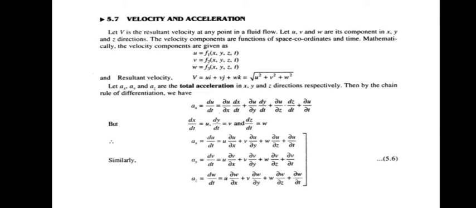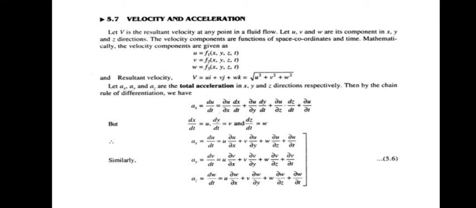Then, using the chain rule for differentiation, we have ax equal to du divided by dt, that means the derivative of x directional velocity with respect to time. We know that u is a function of x, y, z and t.